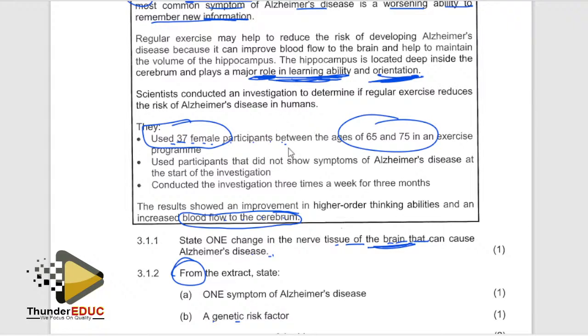And then I saw somewhere where they say that they conducted the investigation 3 times a week for 3 months. Even this one is to increase the reliability. They conducted the experiment 3 times a week for 3 months. So this is for reliability and this is for reliability.